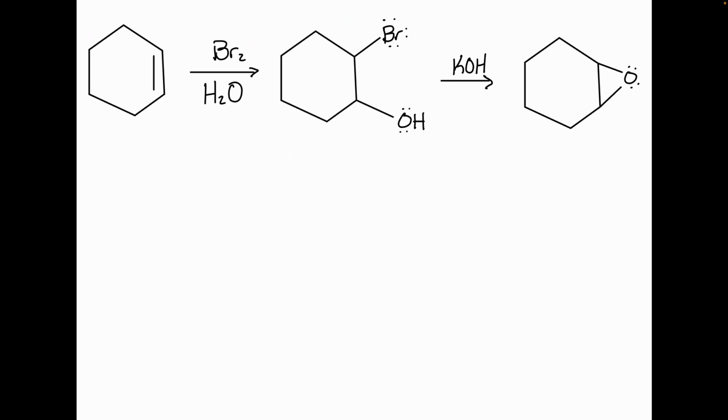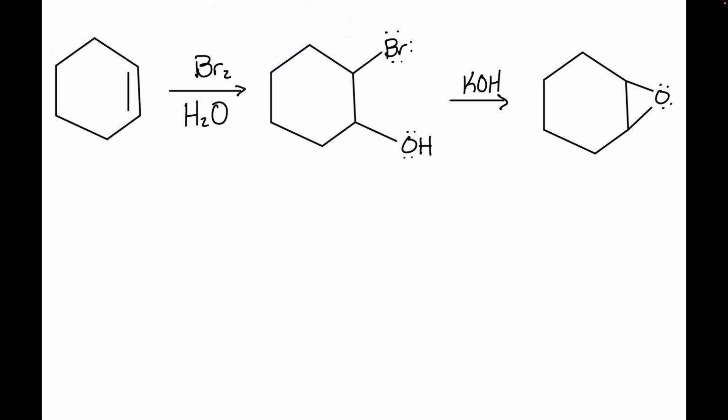When they do this last step here, they like to use, instead of sodium hydroxide, potassium hydroxide. It's a little bit more soluble in ethanol. And so they have this basic organic solution here that they use to help promote that basic reaction.